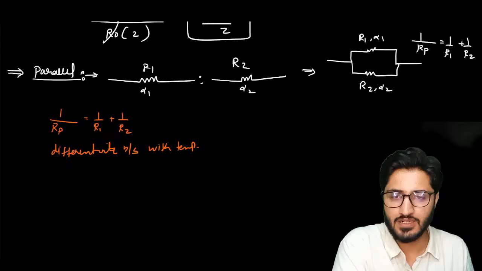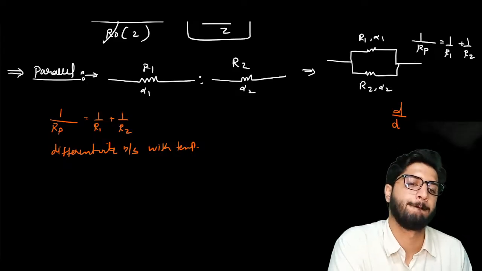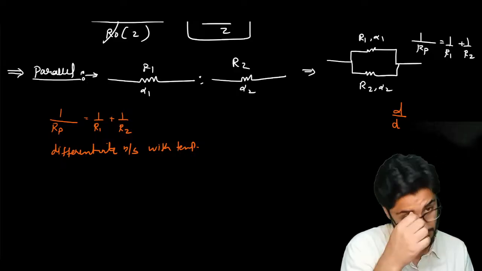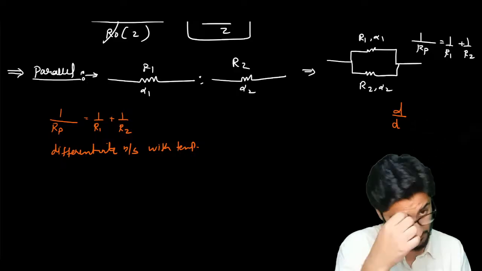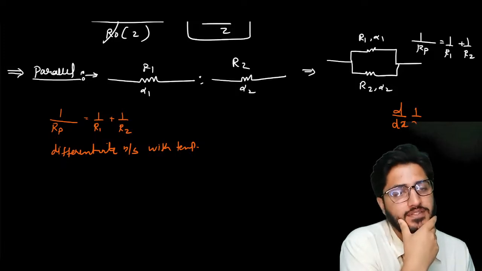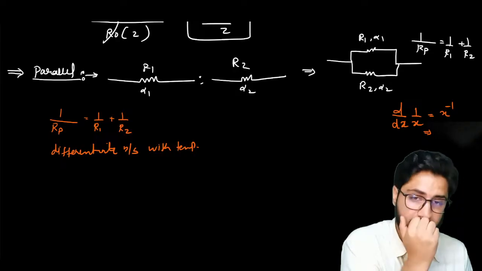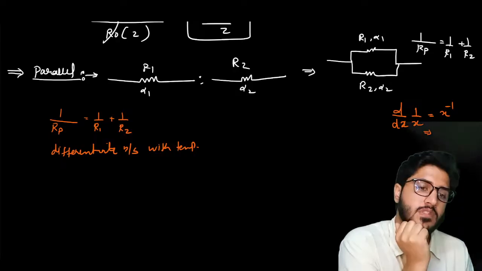Differentiated. So what is the differentiation? Let us suppose my differentiation is d divided by dx. Differentiation of 1 by x: I will write x to the power minus 1. So x to the power minus 1 minus 1 gives minus 1, x to the power minus 2.